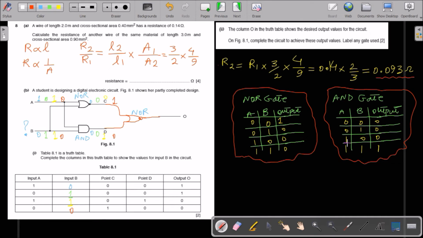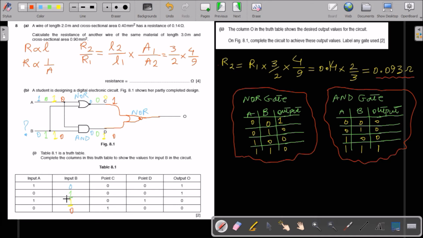Input A is 1 and output is 0. So what is B? B should be 0 for AND gate. So B is 0. So write 0 in the first row. So input B is 0.